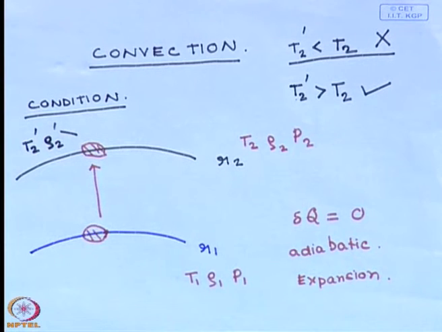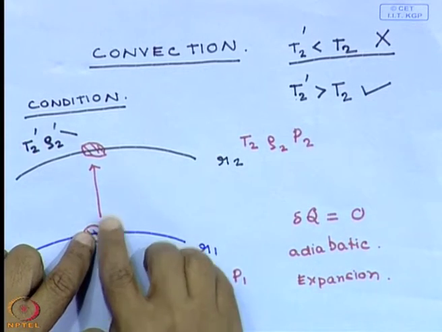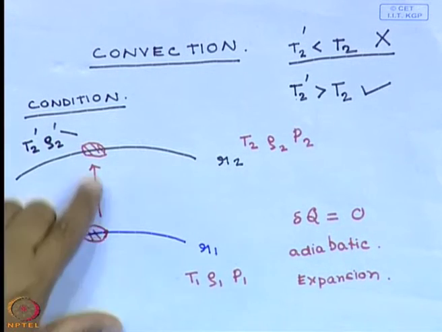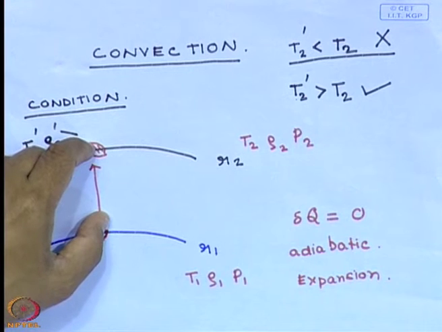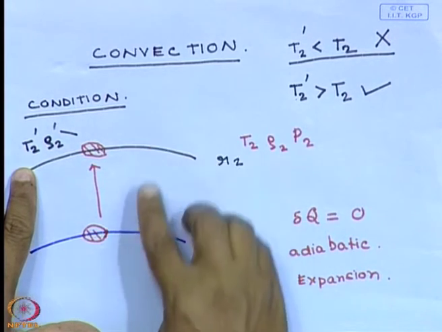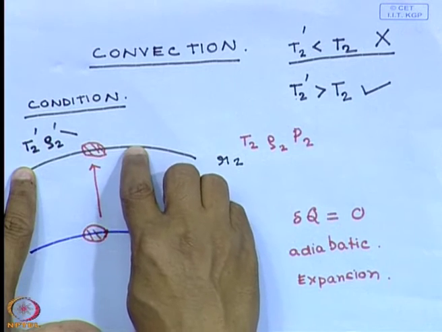Okay. So, let me remind you again, the important criterion is that if I move the bubble from here to here, the temperature of the bubble should be higher than the temperature of the ambient medium surrounding it when I move from here to here.